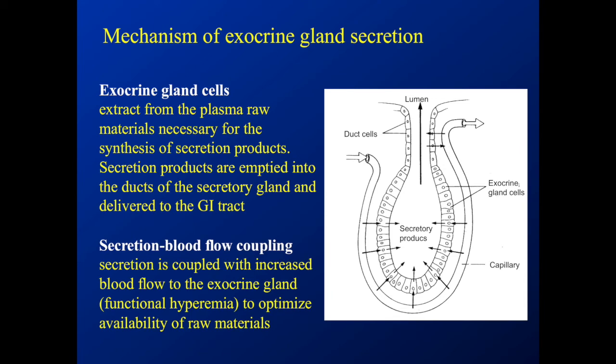And the products for the secretions all come from the blood supply, and everything you need to create the saliva or the mucus comes from the blood, and that enables this sort of secretion blood flow coupling to happen.